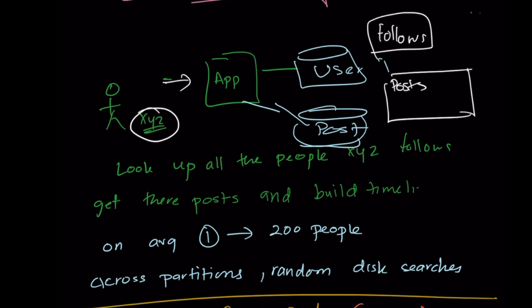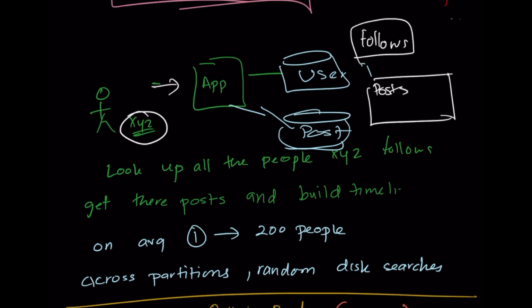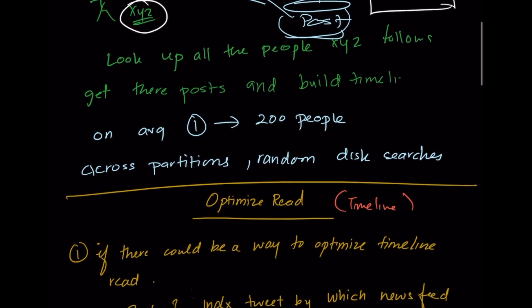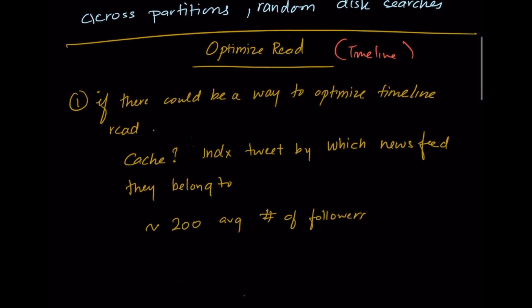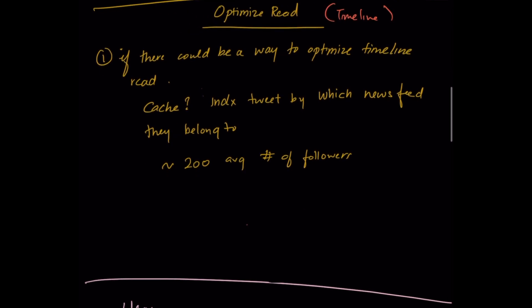And because our application is read heavy, can we do better, right? Can we optimize this? From what we discussed earlier, this application is read heavy, right? So one way to optimize this could be using caching. So what happens is, let's say we use a cache such that each user has their own cache.